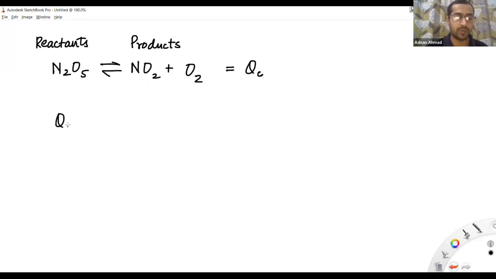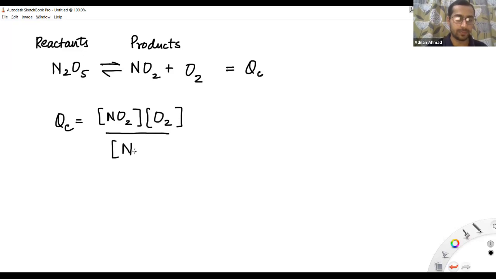So we write QC equals the concentration of NO2 and O2, divided by N2O5. So this is the equilibrium constant or quotient for reaction number 1.